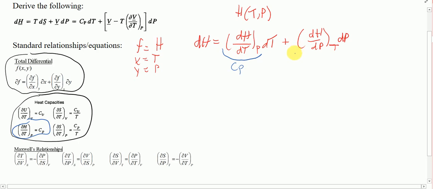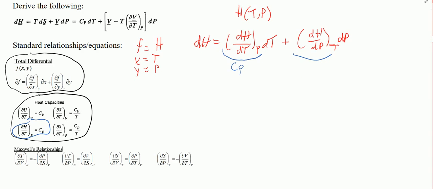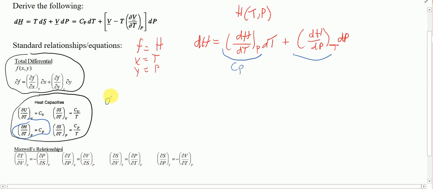For this one, we don't really have any specific relationship or even the Maxwell's relation, so we have to solve it by plugging in the definition of dH. We know that the definition of dH is right here: dH is equal to TdS plus VdP.